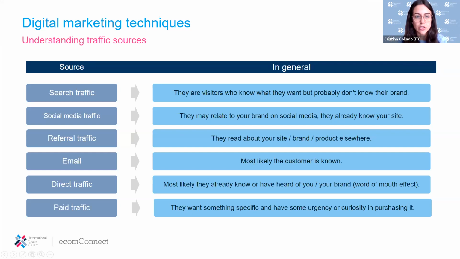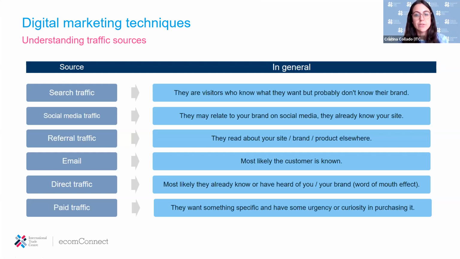Then we have social media traffic. So it's traffic that comes, as you can imagine, from your social media. Normally a person follows you on Twitter, on Facebook, Instagram, LinkedIn, and then sees your post. You have a link, you have a call to action, they click on the link, and then that drives traffic to your website. Then we have referral traffic.